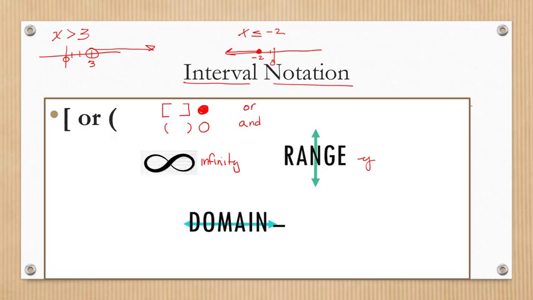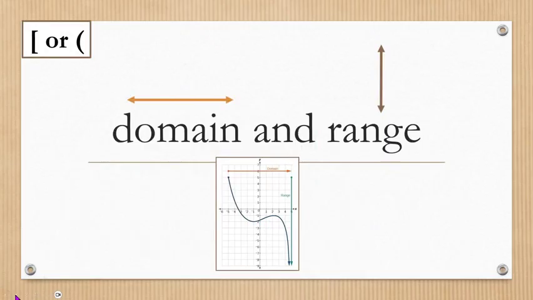Range are all the y values, and domain are all of the x values. We're going to be using those as we move along. Domain is along the horizontal. It is all the x values moving both directions.